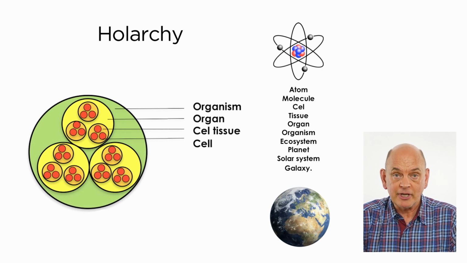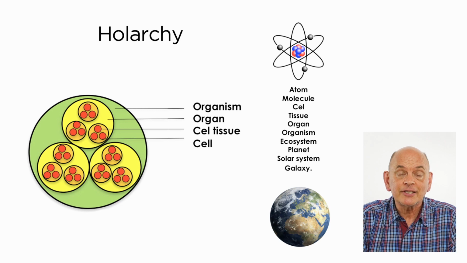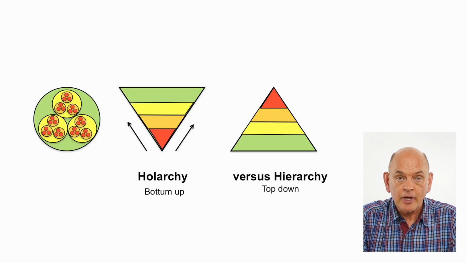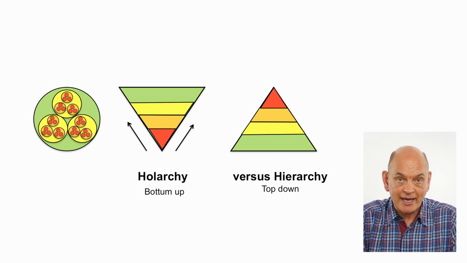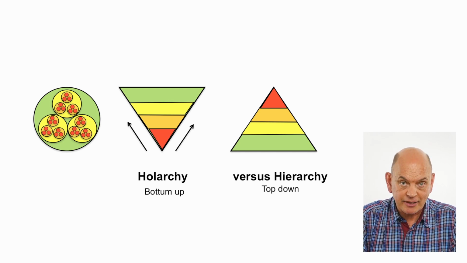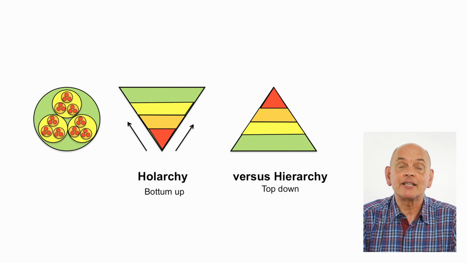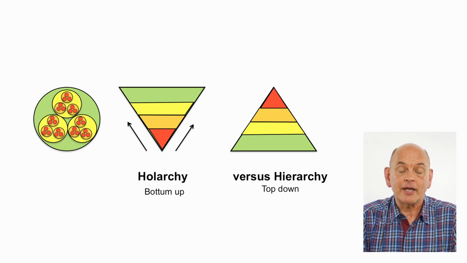The organs being red, yellow and so on. This is a holarchy. But a holarchy you can also picture as a triangle, with the point down, and there you find the lowest complexity, the cells. The next level is the tissues and so on.